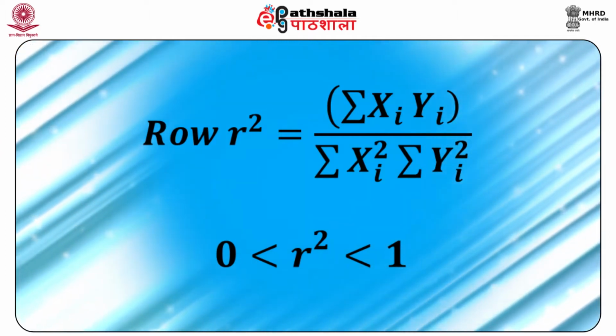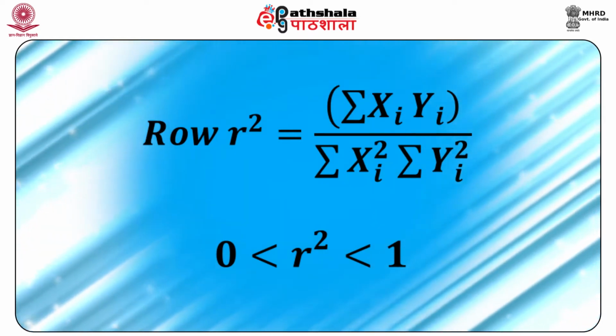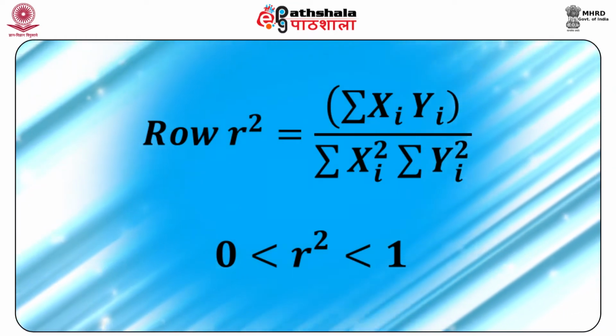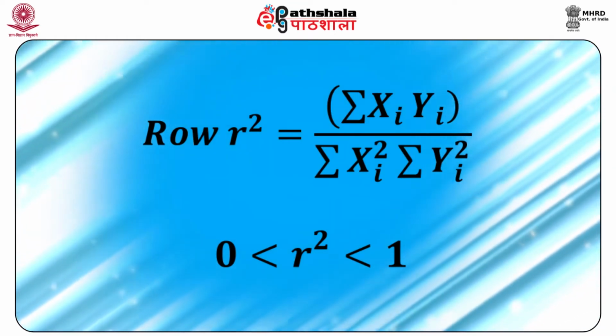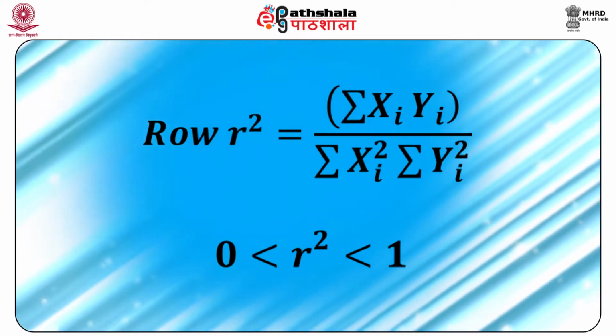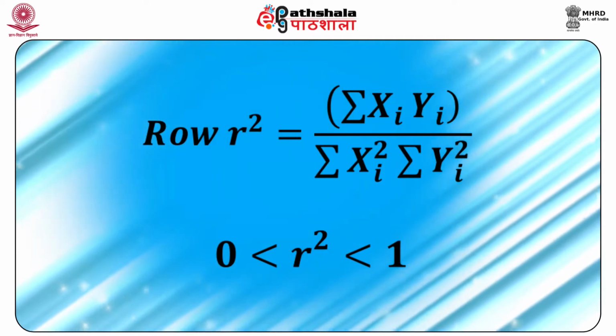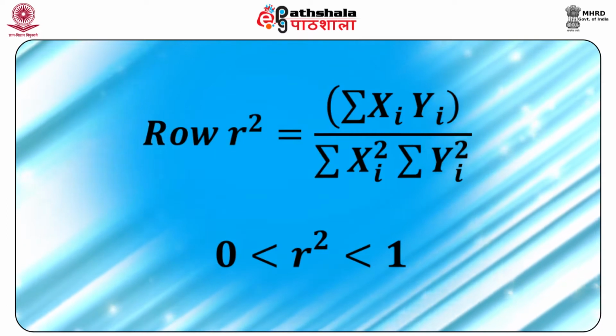Similarly, in the denominator we have sigma Xi square into sigma Yi square. They are also capital Xi and capital Yi. The raw R square satisfies the relation which is R square is between 0 and 1, but it is not directly comparable to the conventional R square.